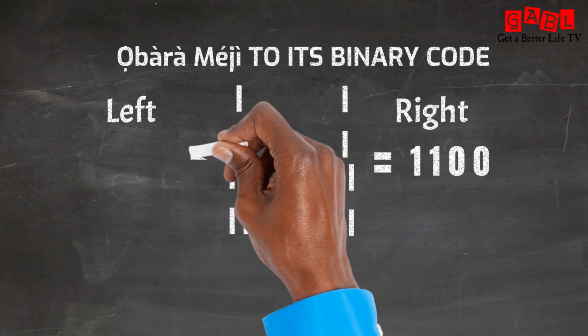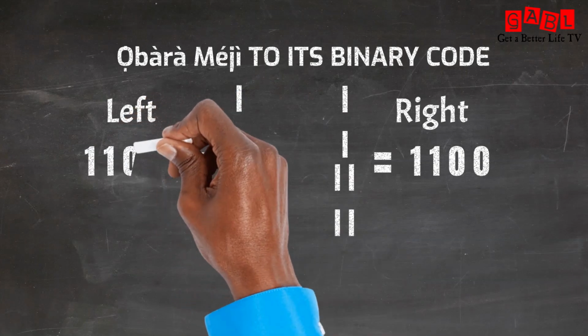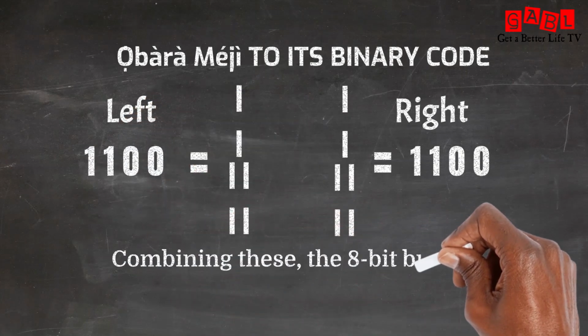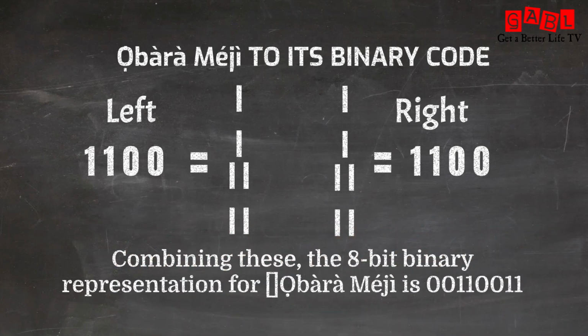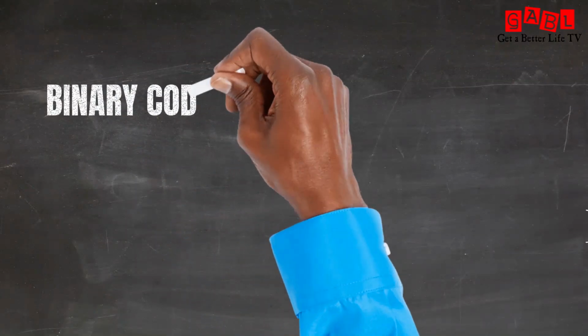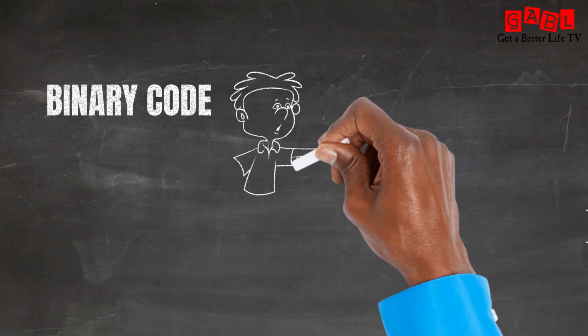Combining this, the 8-bit binary representation for Obara Meji is 1, 1, 0, 0, 1, 1, 0, 0. Now, converting this binary code to its decimal equivalent, we have this.